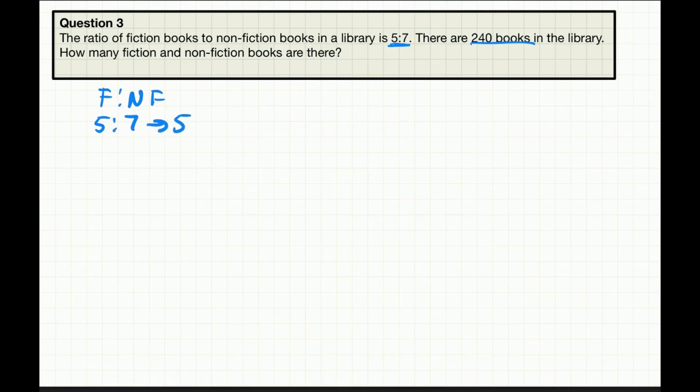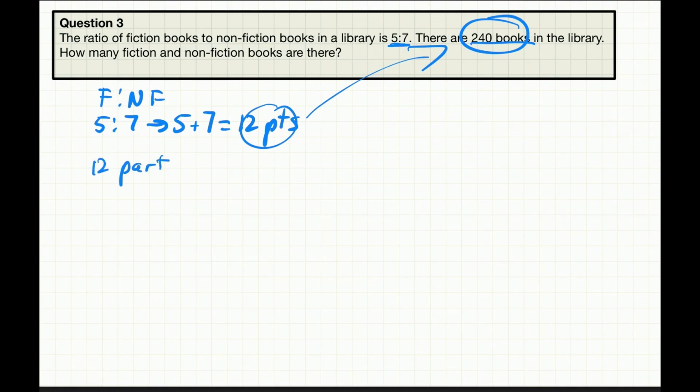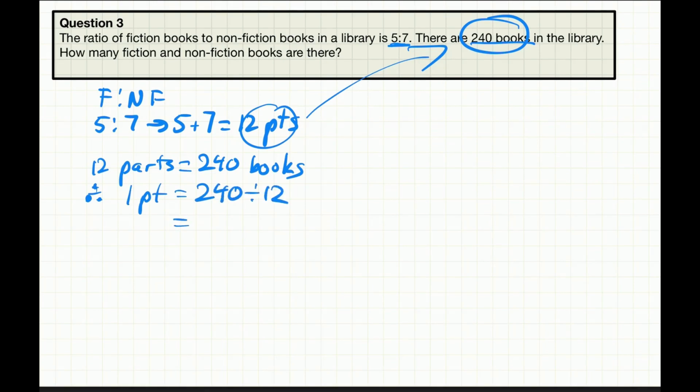Total number of parts, 5 plus 7 gives us 12 parts in total. 240 books in total, therefore 12 parts represents 240 books. Therefore 1 part is going to be equal to 240 divided by 12, which gives us 20 in total.